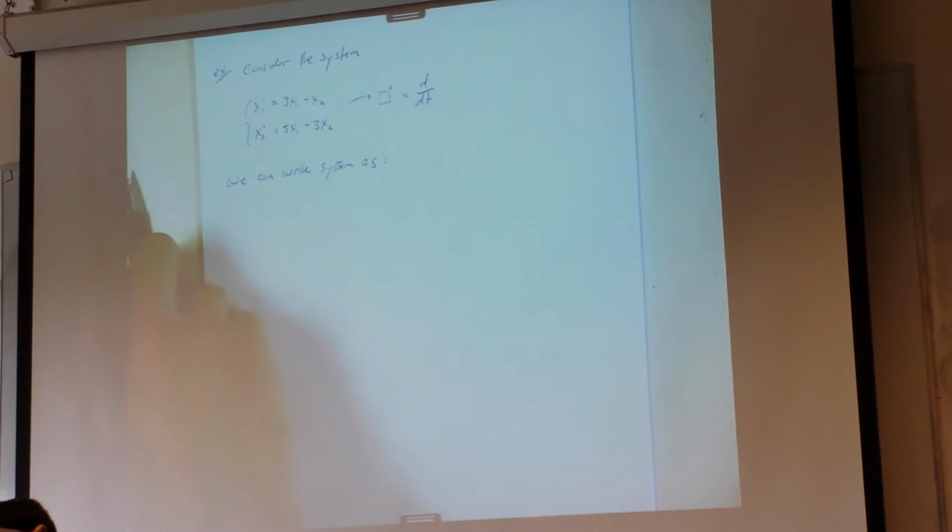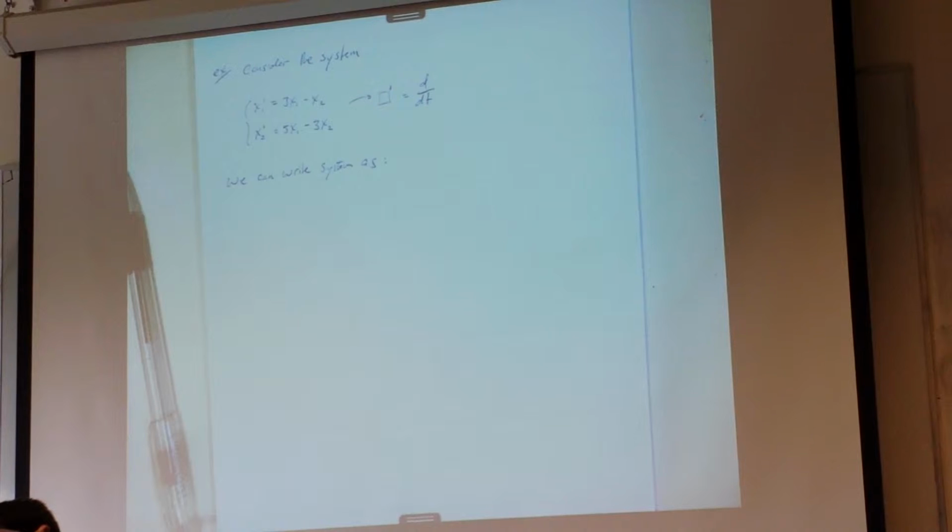And a quick reminder of vectors. A lot of times you see them like this, x1 of t, x2 of t. Of course, we can write this as a column vector. It's the same thing. For some reason, in linear algebra, this is the norm.